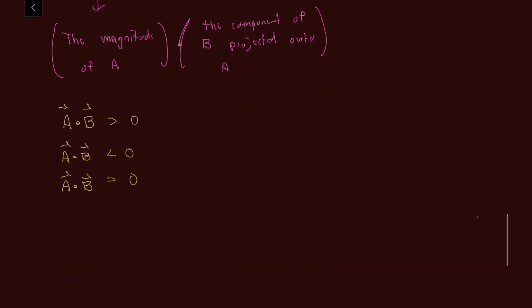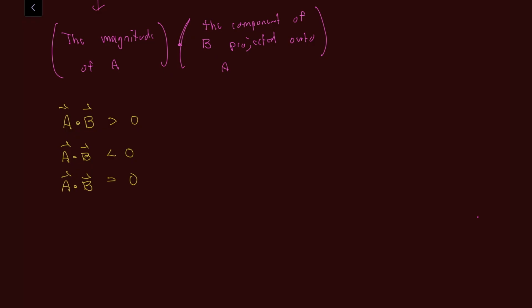And I want you to appreciate that really quickly. You multiplied a vector by another vector in a specific way, and you got a scalar. You went from having information in 3 separate dimensions, and now you just have a number. So interesting. In a way, you lost information. You went from having vectors to just a number. That's curious. And maybe we'll learn about that in more advanced physics.